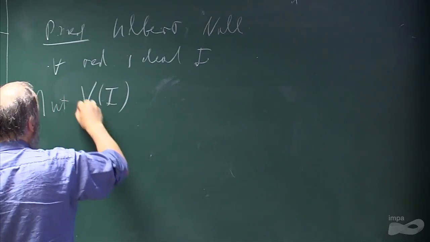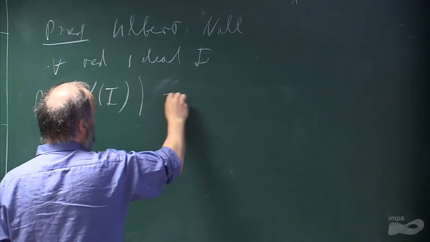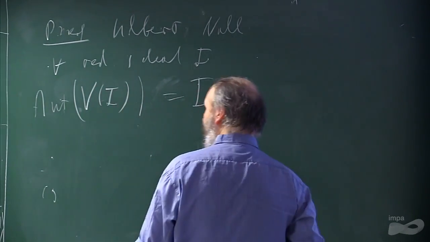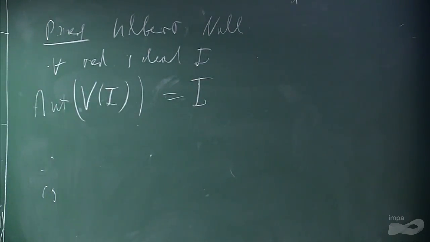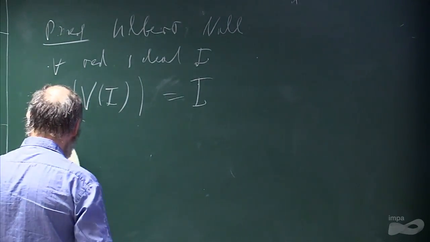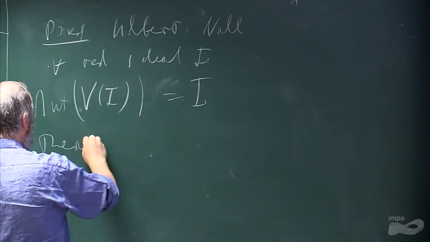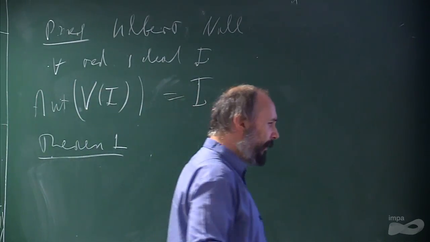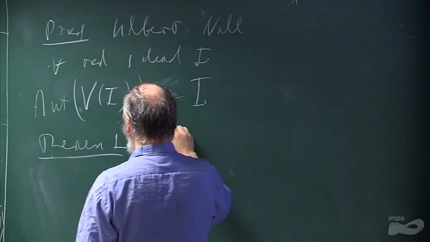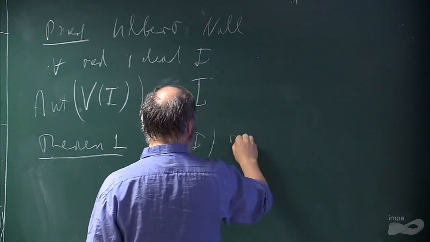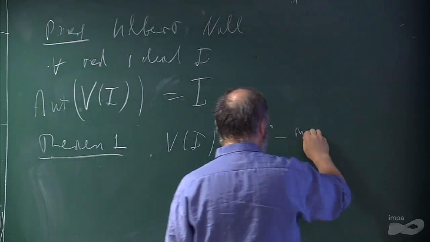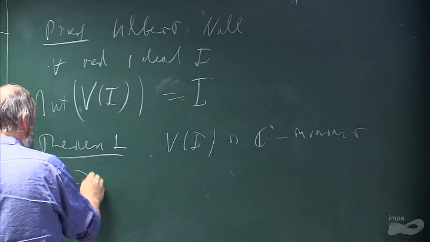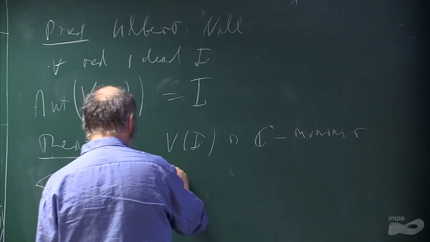This is the set of all regular functions vanishing there, and this is I. Now we have theorem 1, which I didn't erase yet, which says that V of I is C-star invariant if and only if I is graded.